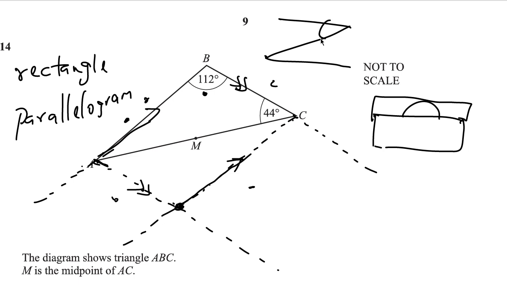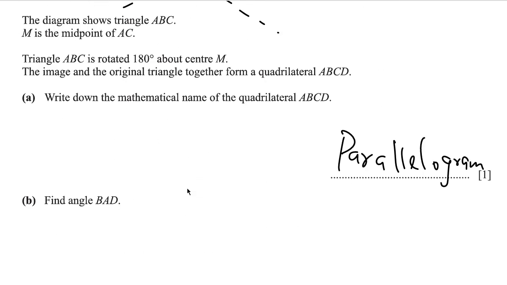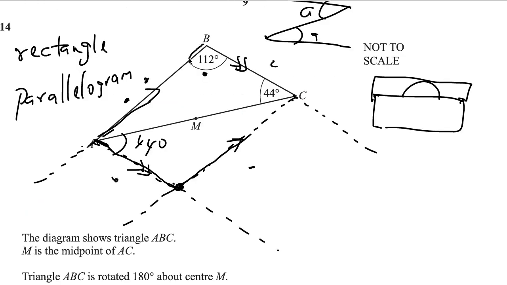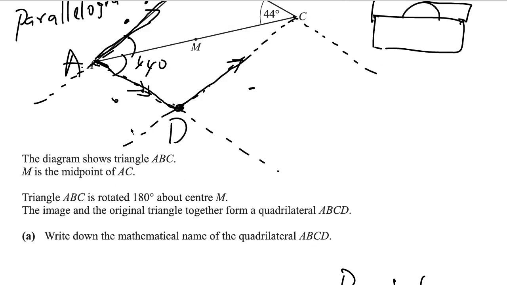So if you have an angle A here, then here is also going to be equal to A. So in this case, if here is 44, here is also 44. And the question says, find angle BAD, right? So that's this angle B, and remember A is over here, and then BAD, we called here D. So the question is, what's the angle here? Okay, so that's it.